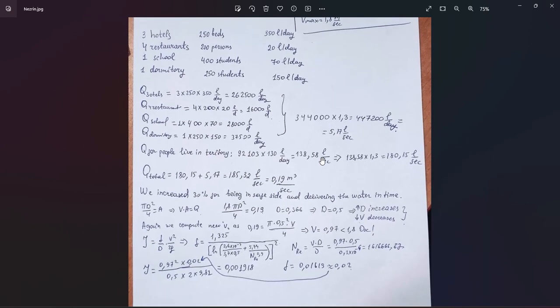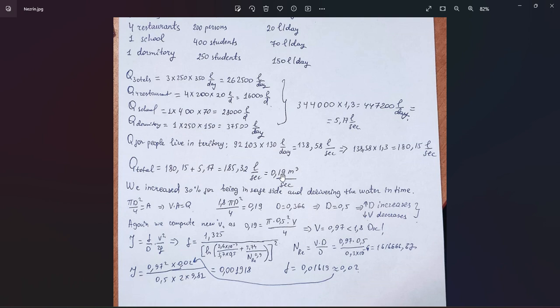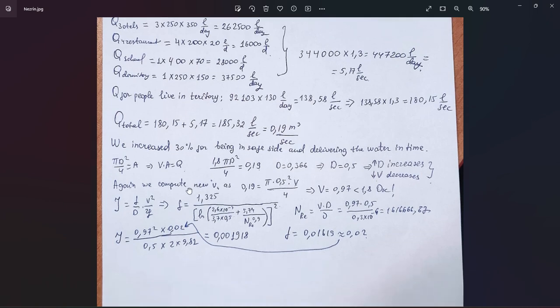But one thing must be done after all the calculations: increase by 30%. It is because when the pipe flows, transmission lines transmit the water, and there will be water loss. To stay on the safe side, and for supplying the water normally, we multiply it by 1.3. It means just increasing by 30%.